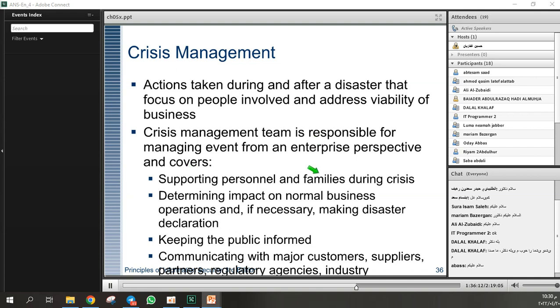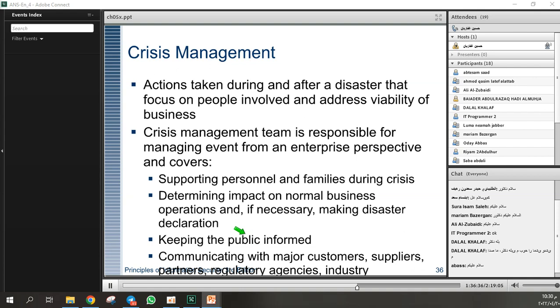This team is responsible for the employees and people who are inside the university. The professors, the employees, the students, the crisis management team is responsible for them. What should they do?